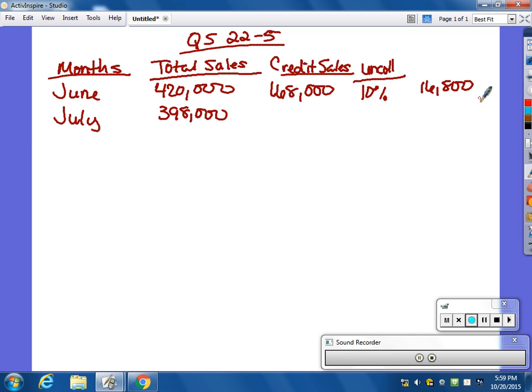And how much of that is uncollected? What's the remaining uncollected percent? It's 80%. 80% of 159,200 is 127,350.